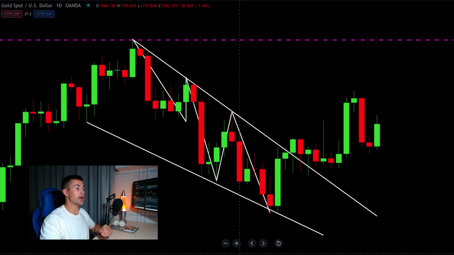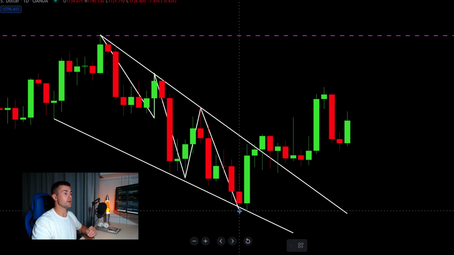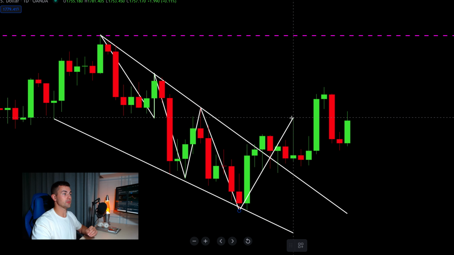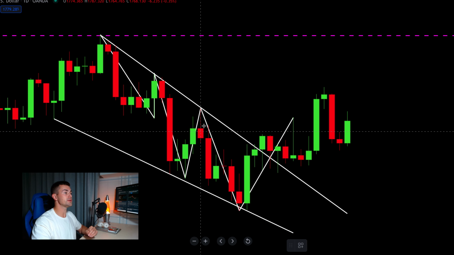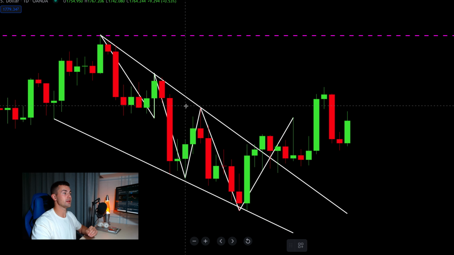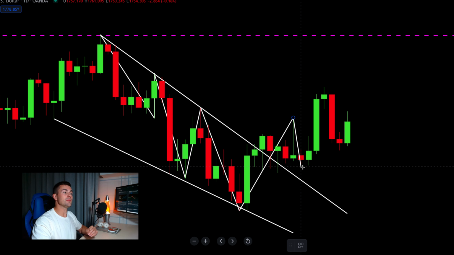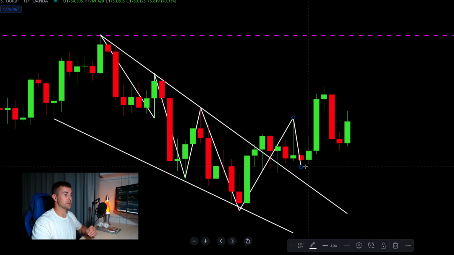Then look what happened. We saw the retracement right here, and the price respected the last low high level. Here was our last low high, and you can see the price sets a new low high again. After that it drops. But a very important thing happens right here.